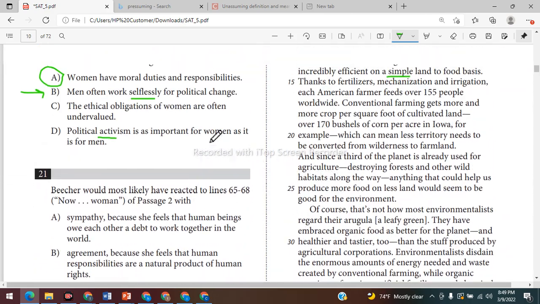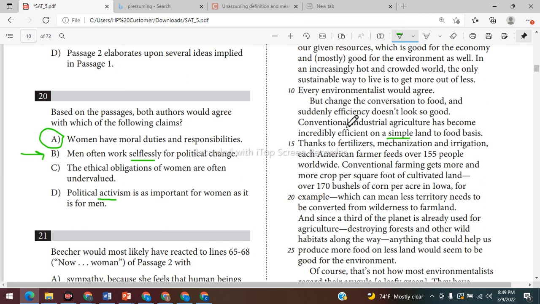Conventional industrial agriculture has become incredibly efficient on a simple land to food basis. This is something that is not complicated, not complex. Easy. D. Straightforward.